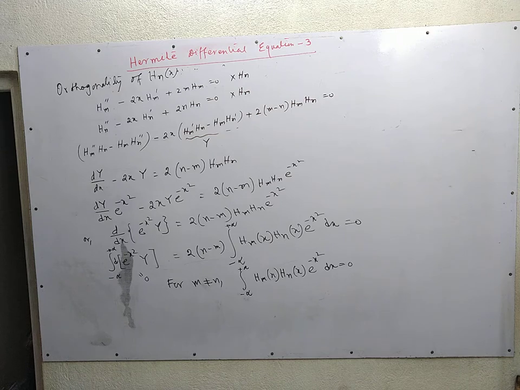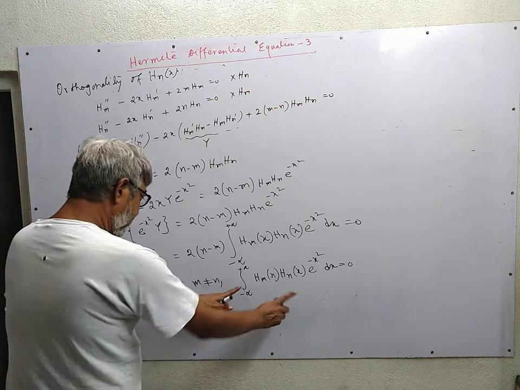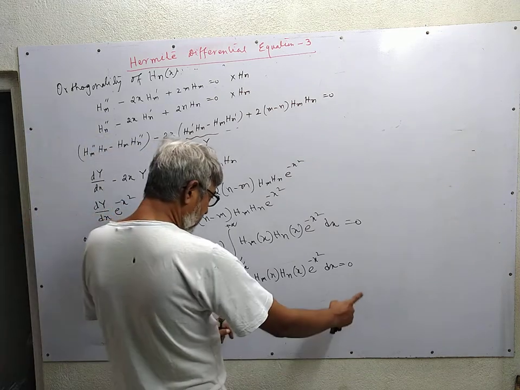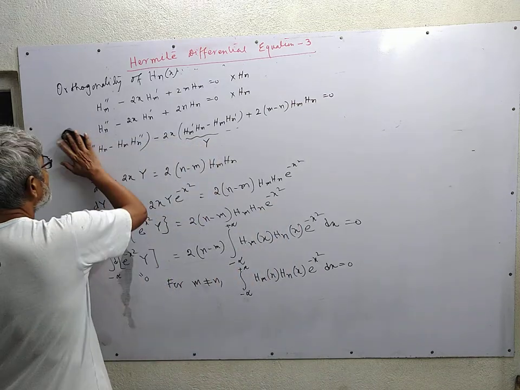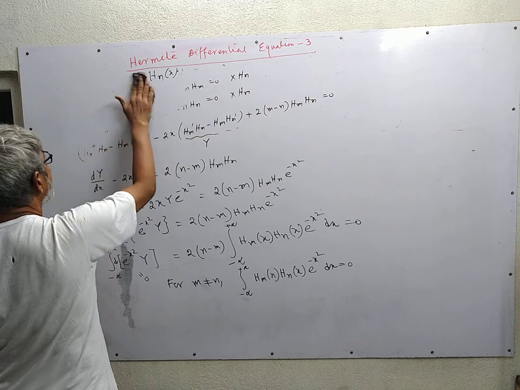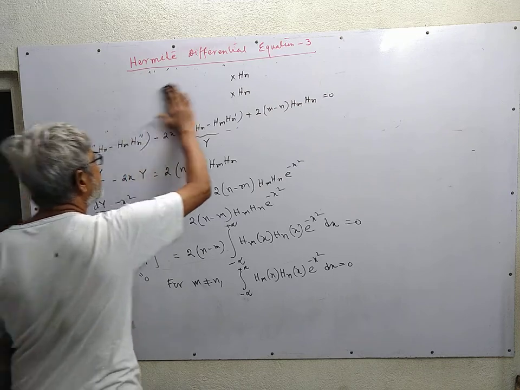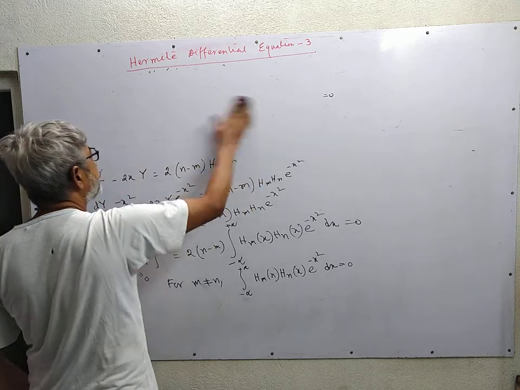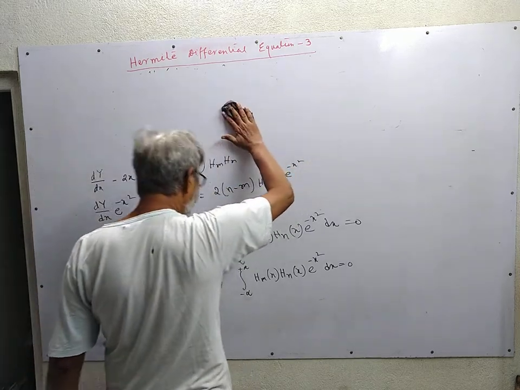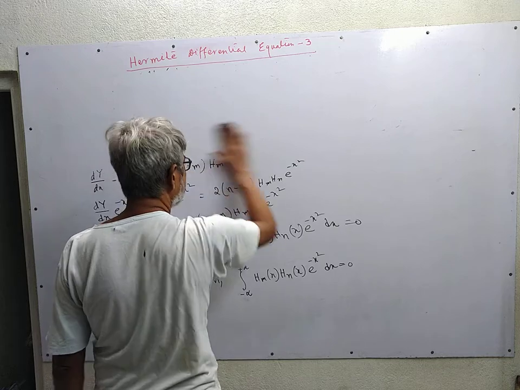In the discussion of Laguerre and Bessel functions, we will also find that there is an integrating factor. So the conclusion is that Hermite polynomials of two different orders are orthogonal in the limit plus minus infinity, subject to a weight factor e to the power minus x squared.